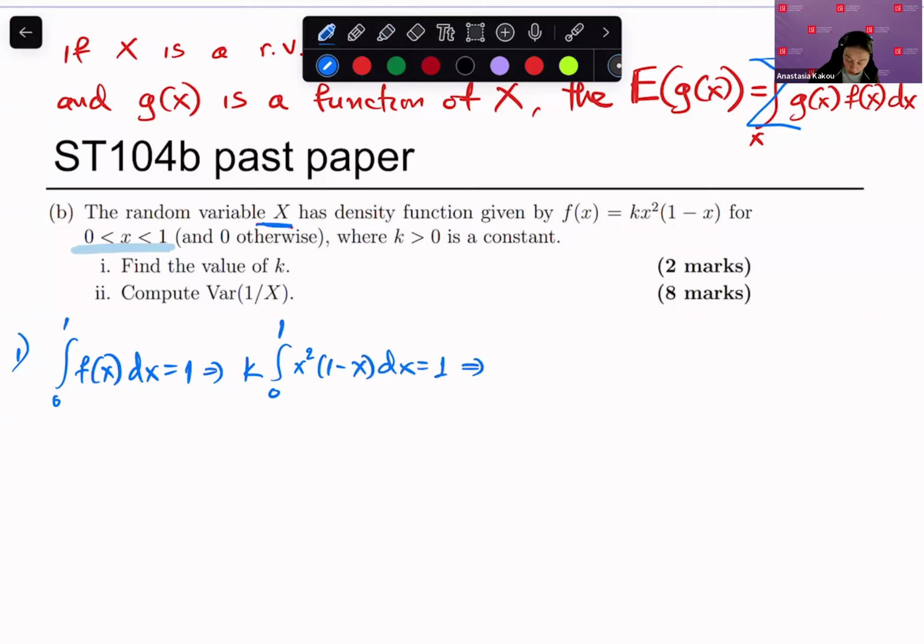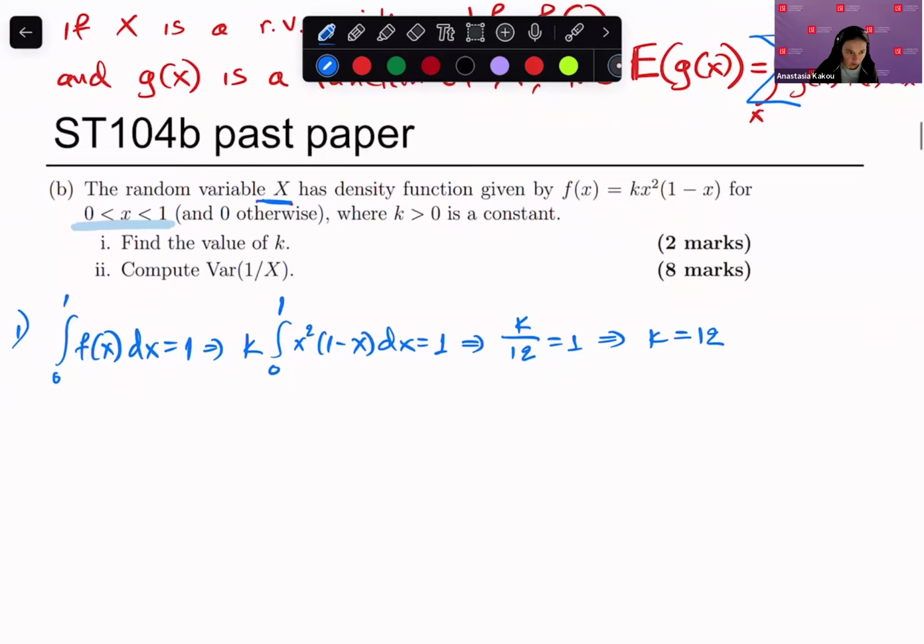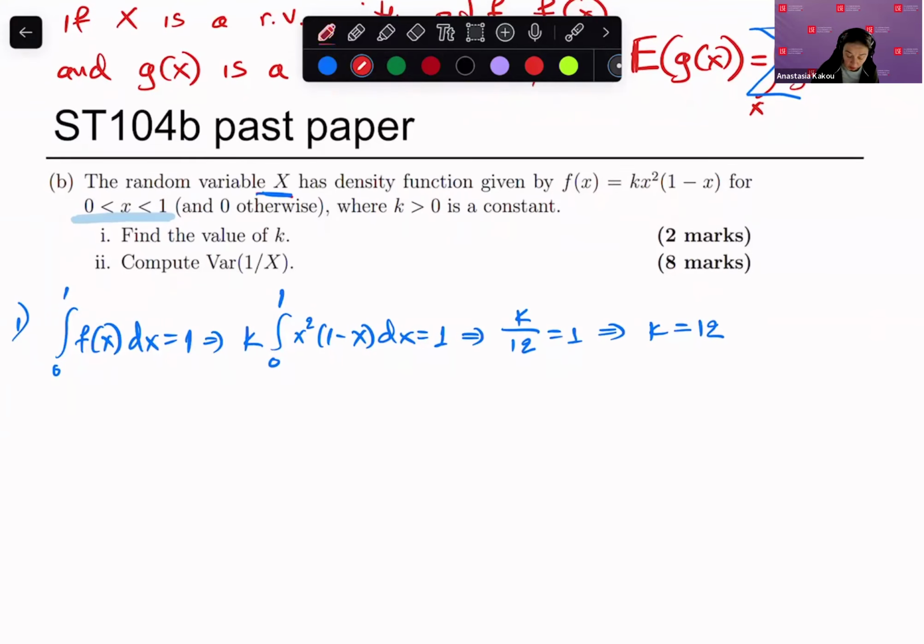And when you do that integral, you end up with k over 12 equals 1, which gives you k equals 12. I'm going to skip the actual integration because it's just integration, really. So we have derived the value of k.